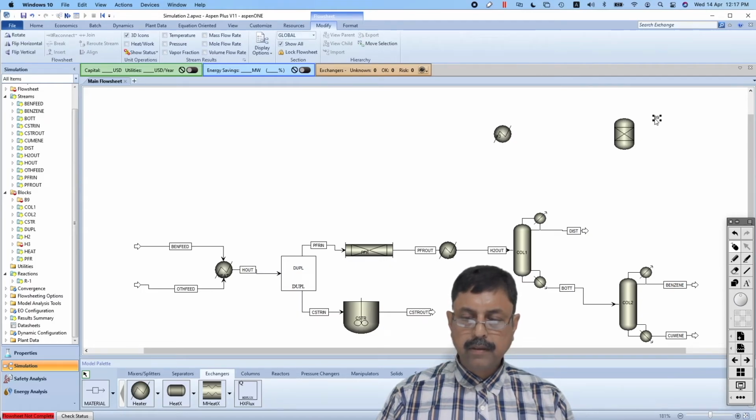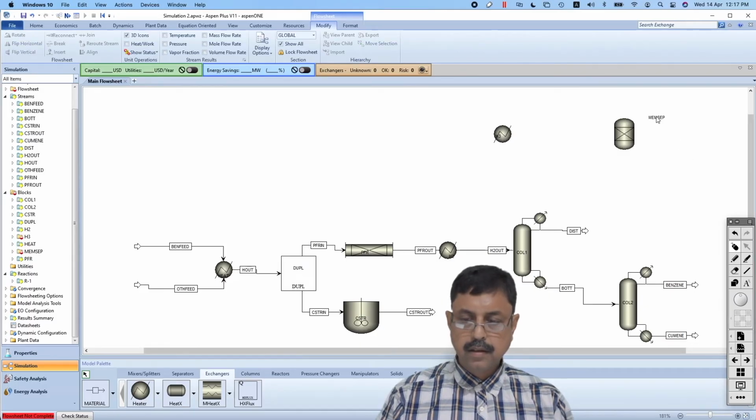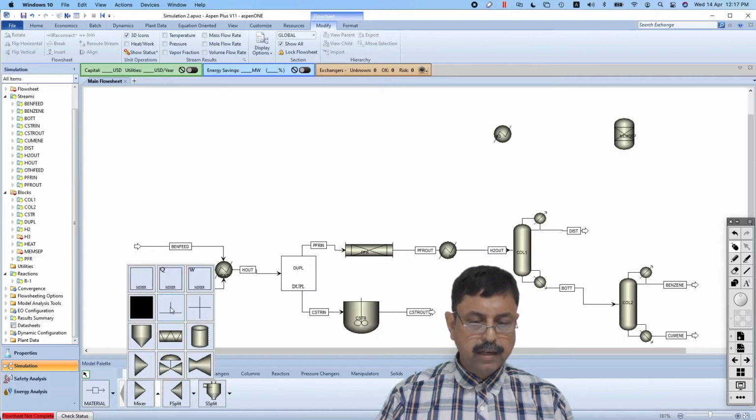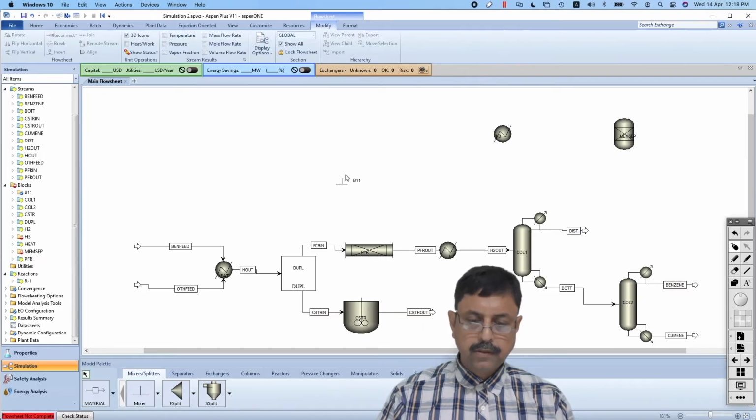This is our membrane separator. And we will have one mixer because we need a mixing line over here. Okay, so this is our mixer.